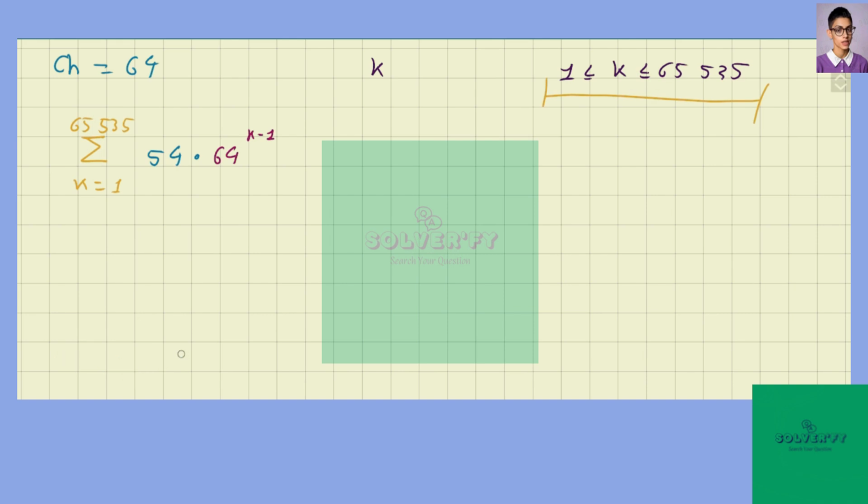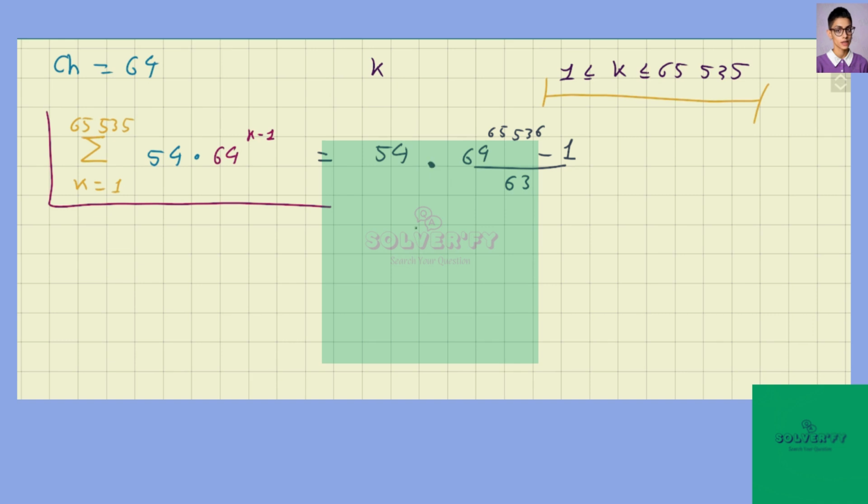So to count all the possible strings, we need to solve this sum here from k equals 1 up to 65,535. There is a way to solve this because this is a geometric series. So this is going to be equal to 54 times (64 to the power of 65,536 minus 1) over 63. So this is the real solution of this exercise.